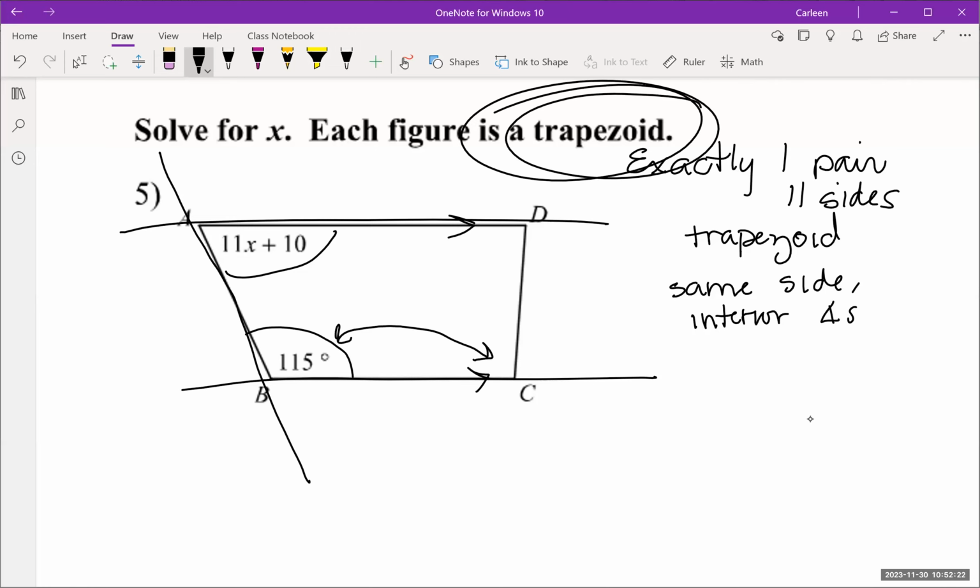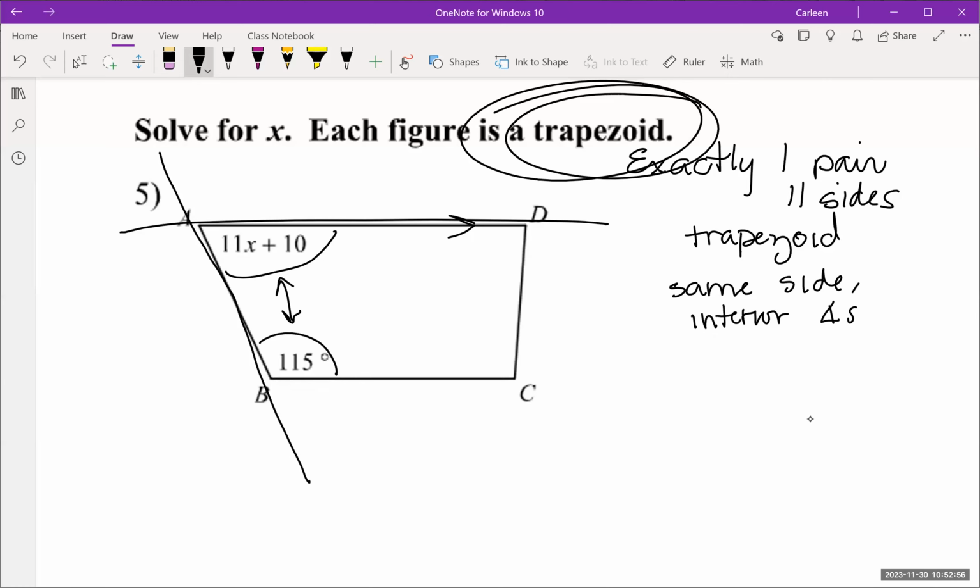If it's a parallelogram, both pairs, consecutive could be those two, or it could be those two. But you see the trapezoid only has one pair of parallel sides. So the consecutive ones are only the ones like this. Okay, opposite.